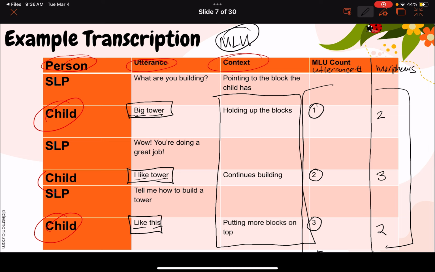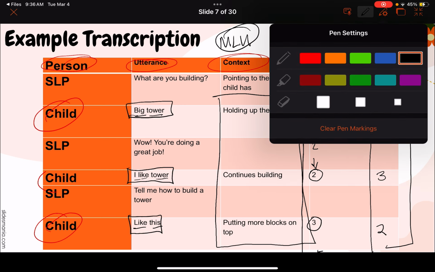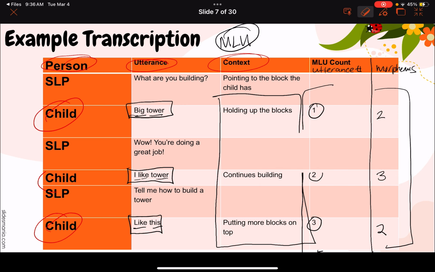I would suggest if you do it in Word, make sure that you're hitting the return button on your numbers so that it's automatically adjusting the numbers, so that if you make a mistake, you don't have to go back and renumber all your utterances again. That is quite frustrating. Let's say you accidentally put a 2 here instead of here. By erasing this, by saying oh shoot, I made a mistake, we erase that, right? Word would automatically bump that 2 down to there.